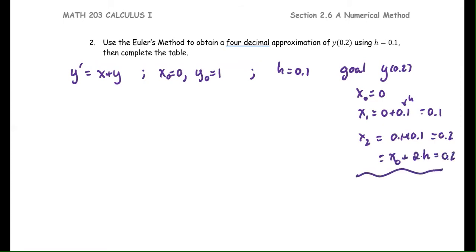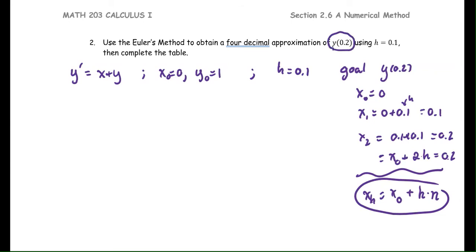So the general formula to find x n is x0 plus h, the step size, multiplied by n. Now, the whole picture of number 2 here is to do 2 steps, or 2 rounds, of Euler's method to get the approximation of y at 0.2.